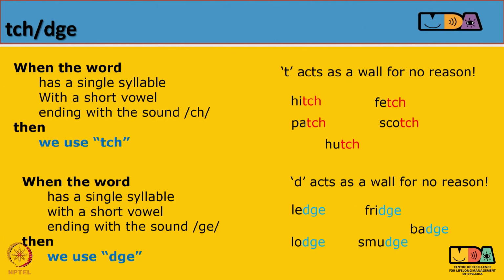So, we have words like ledge, fridge, lodge, smudge and badge. Let us take the word fridge for the child. He must be familiar with the fridge and then take it on from there and teach it as a word family. It helps many times when teaching these rules to generate the words from the child.